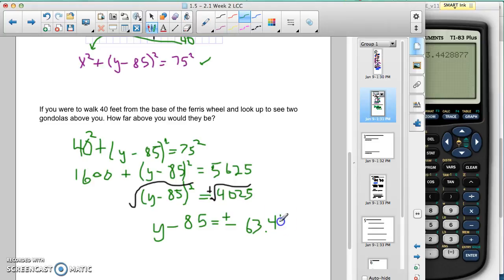All right, so what you want to do then is add 85 to both of these values.